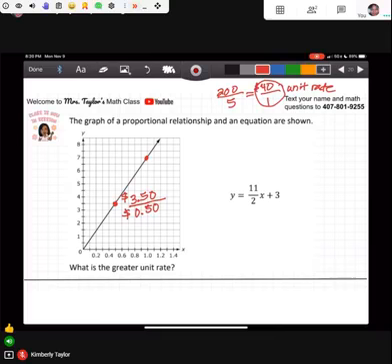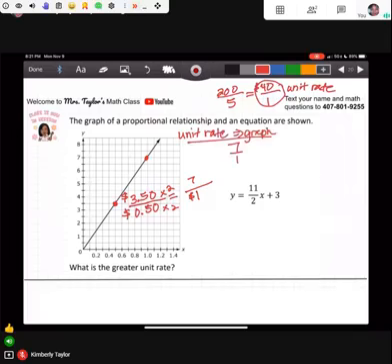But what I also know is that if I multiply this number by 2, I could get a whole dollar. And over here, this would be 7. So the unit rate for the graph is going to be 7 over 1.